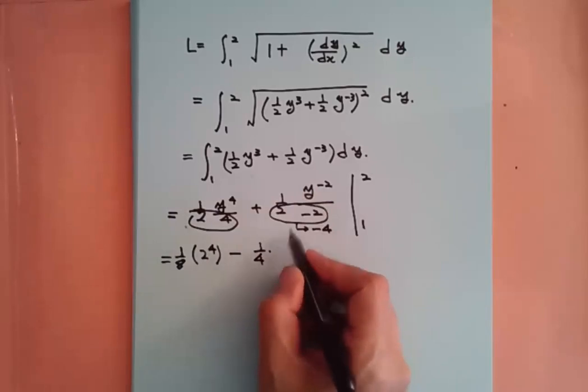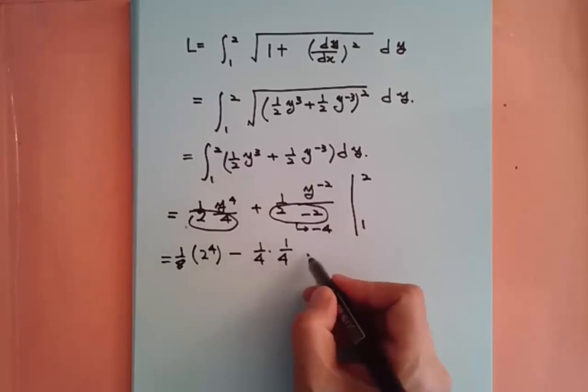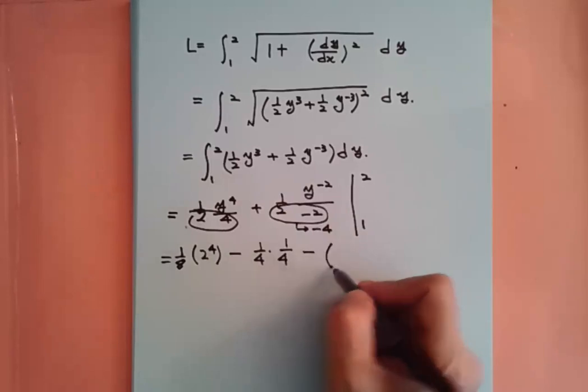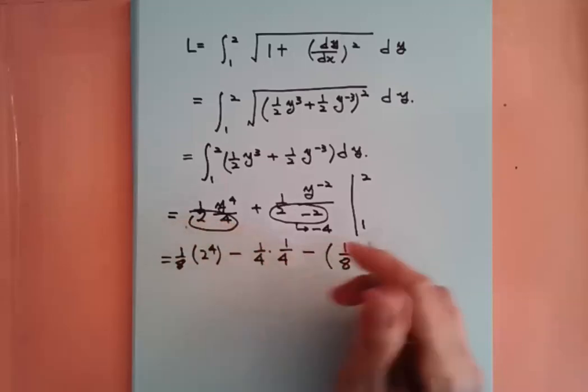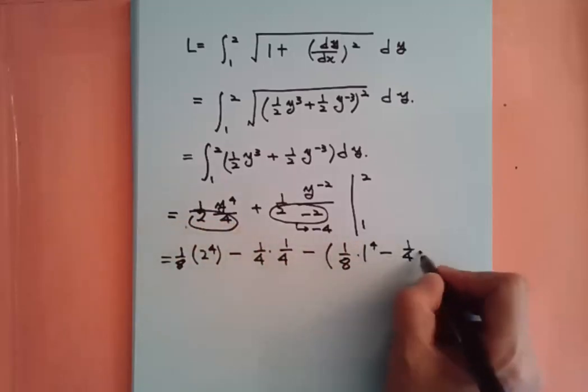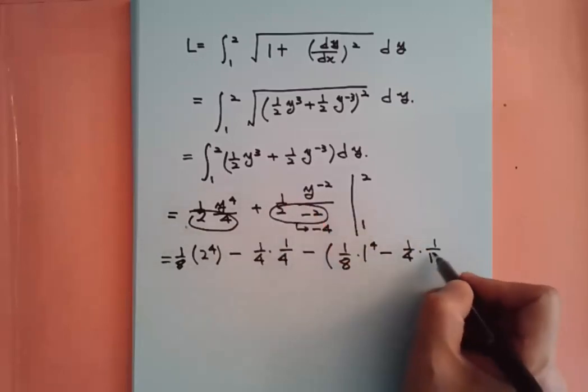And then y to the negative 2 power. So that becomes 1 over 4 minus, open parenthesis, 1 over 8 times 1 to the 4th power minus 1 over 4 times 1 over 1 squared.